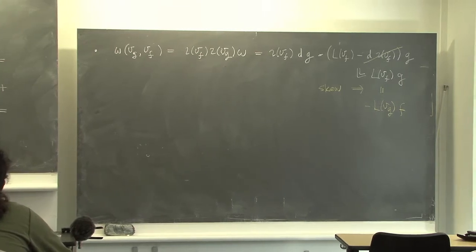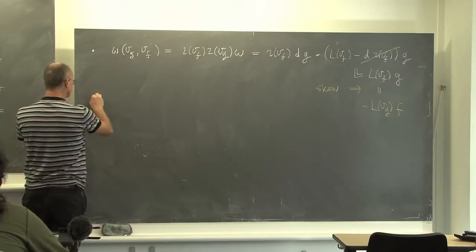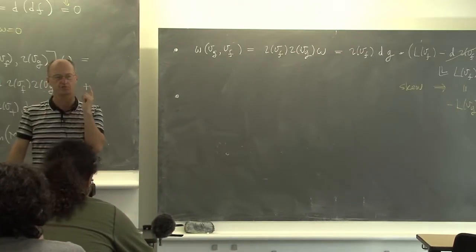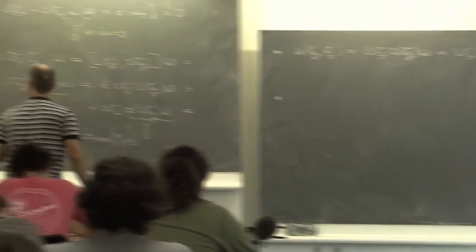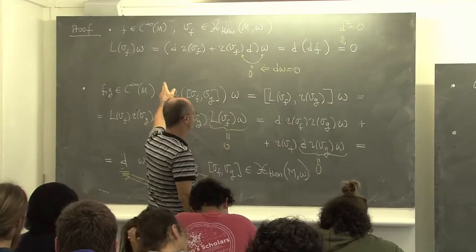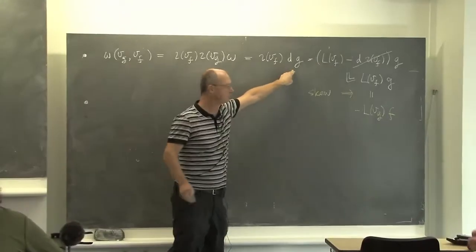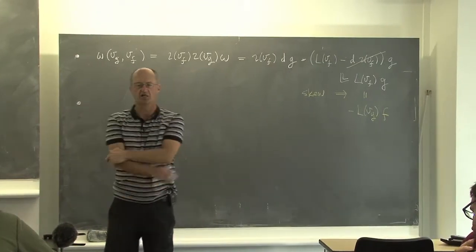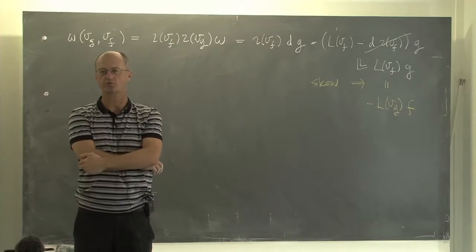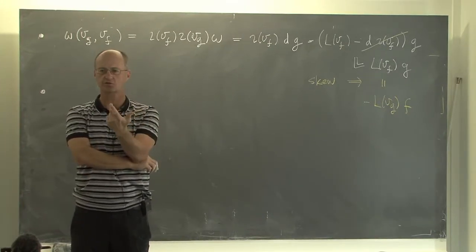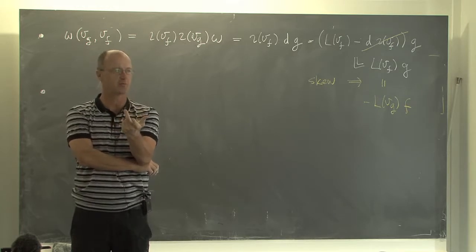So what remains to be seen? We showed that Hamiltonian vector fields form a Lie algebra. We showed that different expressions for the Poisson bracket coincide. Now the question is why this Poisson bracket is a Lie bracket. For a Lie bracket, you need to show two things, skew-symmetry and the Jacobi identity.